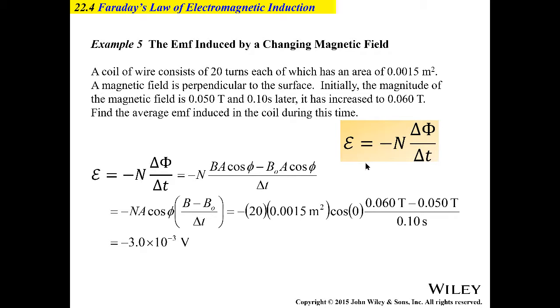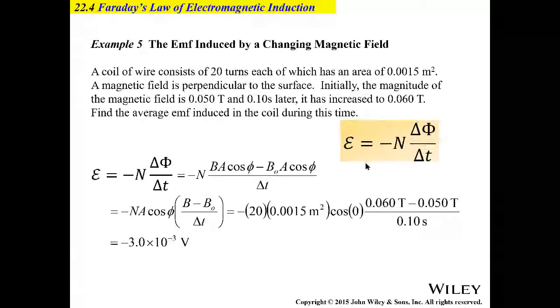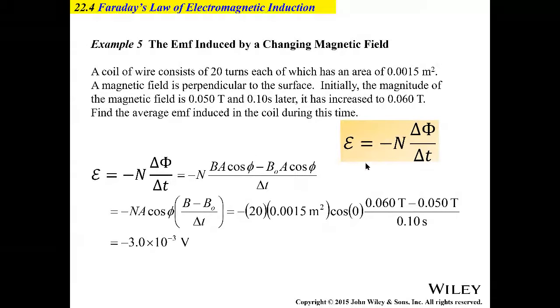And later on, there's the generator. When you have a generator, you have a coil that is turning, and there will be a change in your magnetic flux due to the fact that the coil is turning. And you can arrange for it to produce a current at a high voltage because you are able to change the magnetic flux.